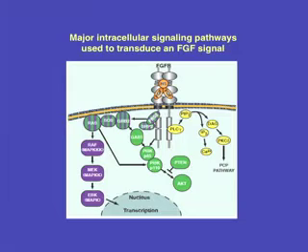So the receptor tyrosine kinases are transmembrane proteins that on their extracellular side bind the ligand FGF-8 or other FGFs, and on their cytoplasmic side can signal down the RAS MAP kinase pathway or down the AKT pathway, as well as down this PKC delta pathway.